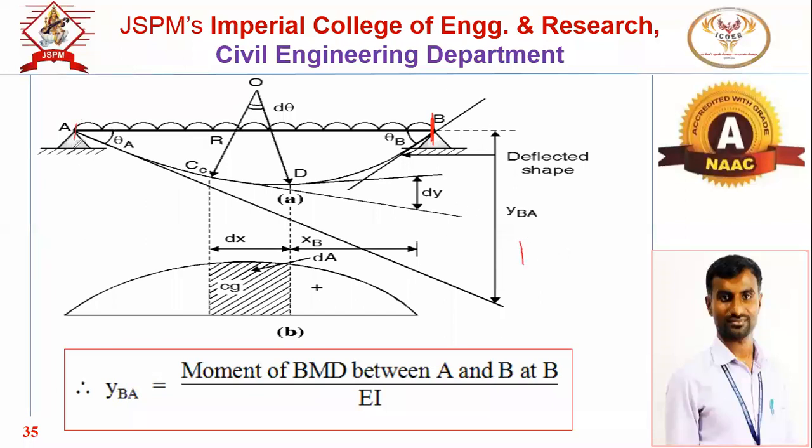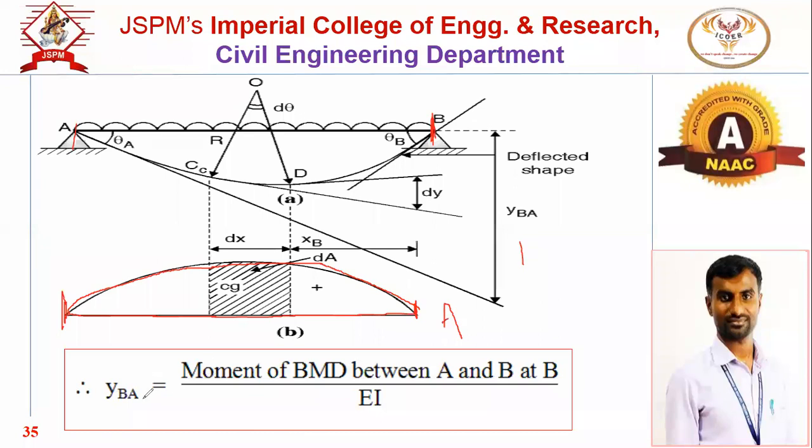The first point is A, the second point is B. Now what will the area be? The area from point A to point B. So the moment of this particular area we have to consider about point B. Do you understand? Which area do we have to consider? The parabolic area between A and B, the total parabolic curve. So that is the area.